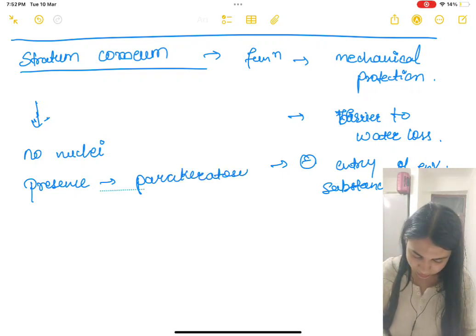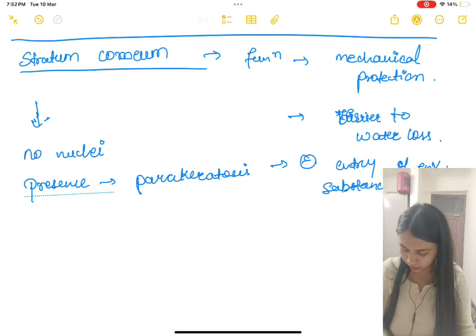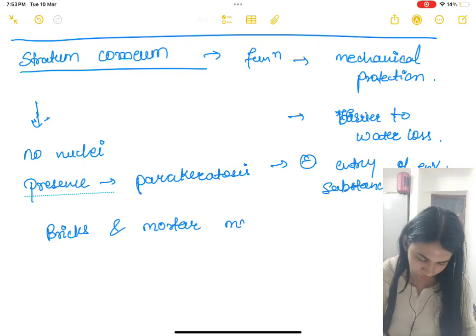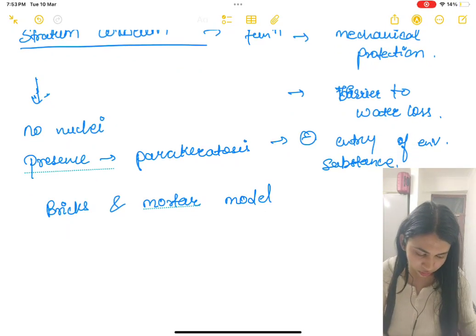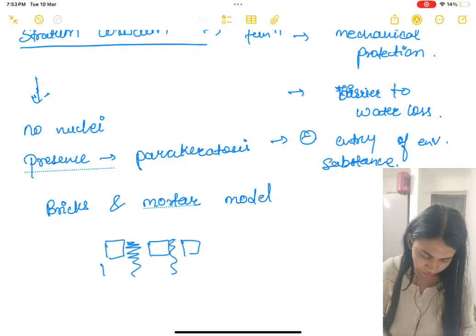It can be seen in incompletely keratinized cells as well as certain conditions like psoriasis. Then in stratum corneum the cells are arranged in a bricks and mortar model. So you know how bricks and mortar are laid down: this is the brick and in between you have the mortar.